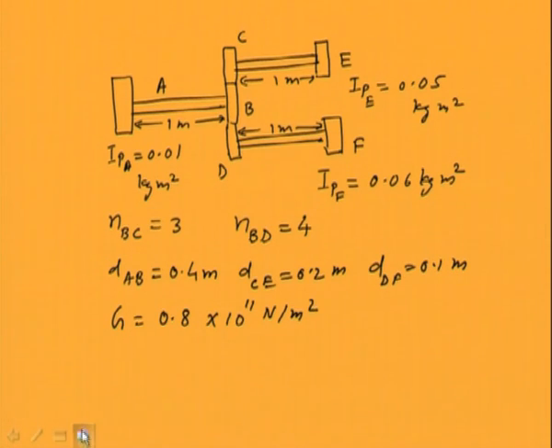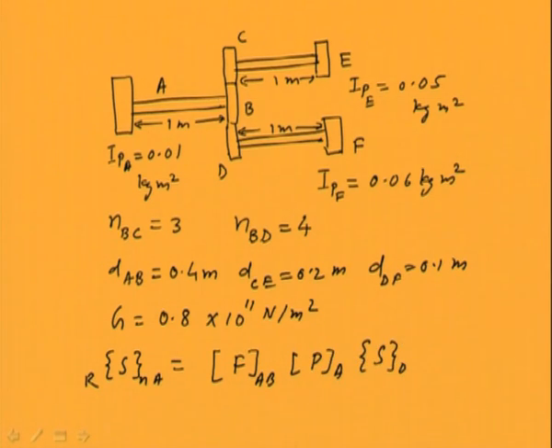Now what we can do, we can write the transfer matrix for the branch A. That will be the multiplication of the field matrix, that is of shaft AB, and the point matrix of disc A. Then those terms can be multiplied.